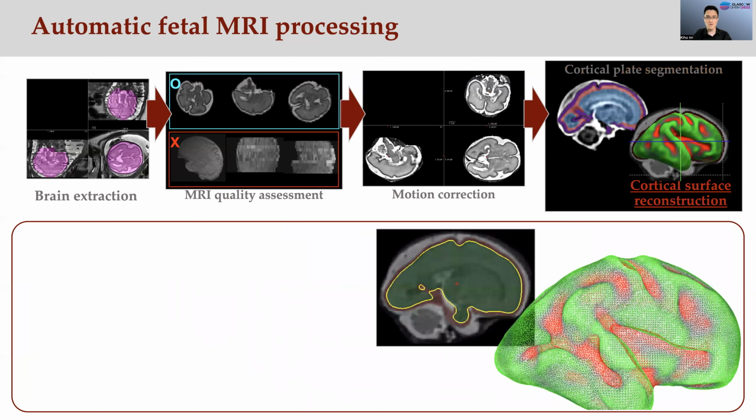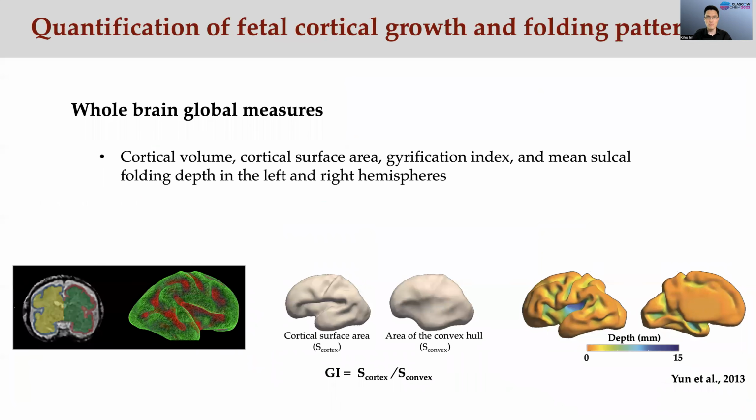From the segmentation volume, we reconstructed the surface model with the same number of triangles and a good smooth mesh property. For whole brain global analysis, we measured cortical volume, cortical surface area, gyrification index, and mean sulcal folding depth in the left and right hemispheres.